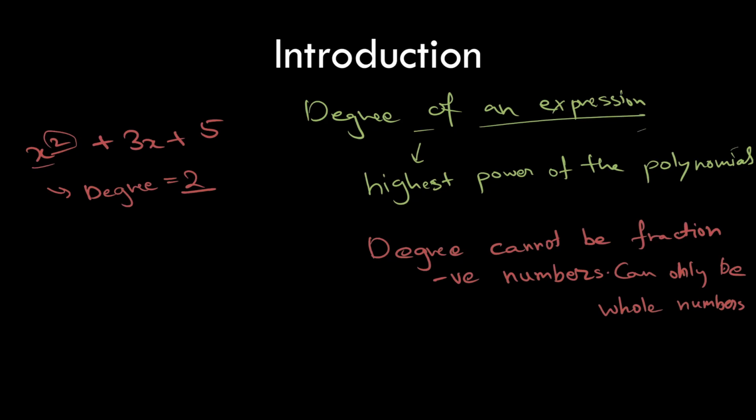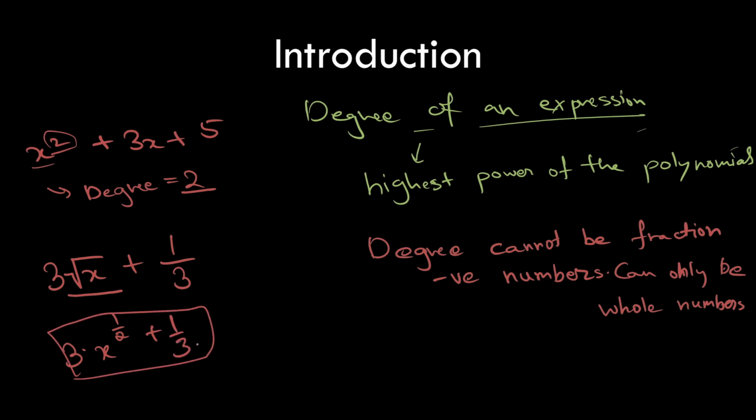Let's see another example. Now let us say we have 3 times root x plus 1 by 3. Root x means x power half, so we cannot tell the degree of this term.